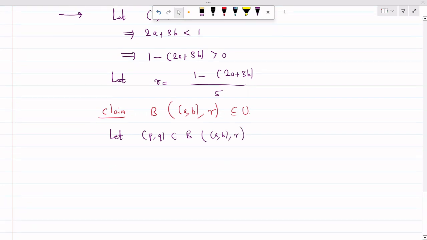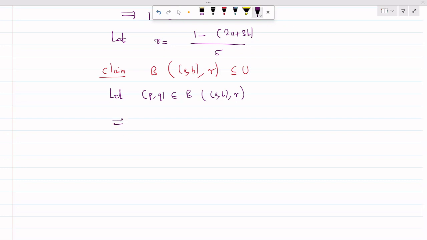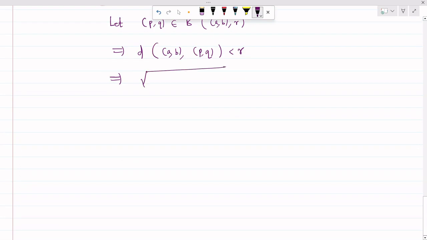Okay, so as per the definition of open ball, this implies d((a, b), (p, q)) will be less than r. But since distance is Euclidean, this clearly implies the square root of (p minus a) squared plus (q minus b) squared is less than r. But that implies (p minus a) squared plus (q minus b) squared is less than r squared.